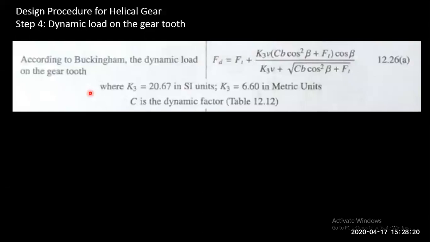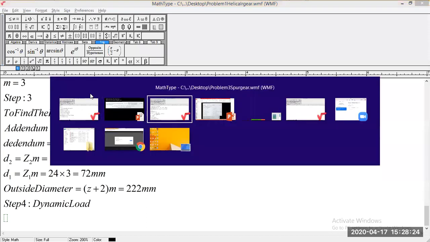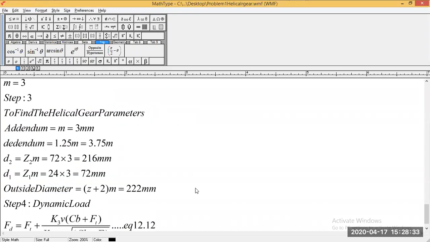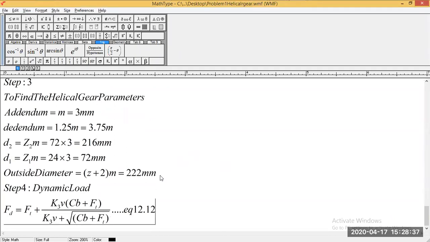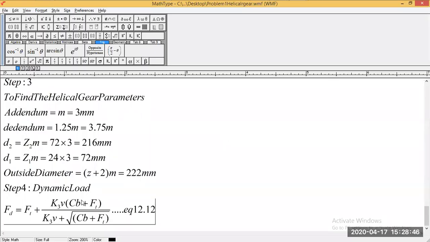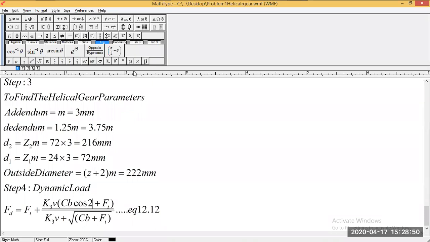This is given by a formula, I need to type it. Let's see how similar it is. We have K3V, CB cos square beta. We need to add cos square beta here.